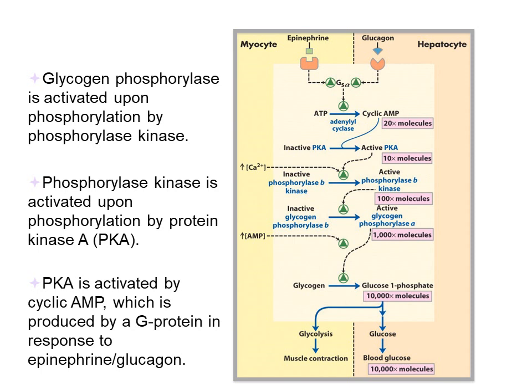However, in the case of epinephrine, glucose 1-phosphate goes to glycolysis, which is used in the muscles of the body. So there are two fates of glucose 1-phosphate in two conditions. In the case of glucagon, glucose is transferred to blood, and in the case of epinephrine, glucose 1-phosphate goes through glycolysis and is shifted to muscle contraction.